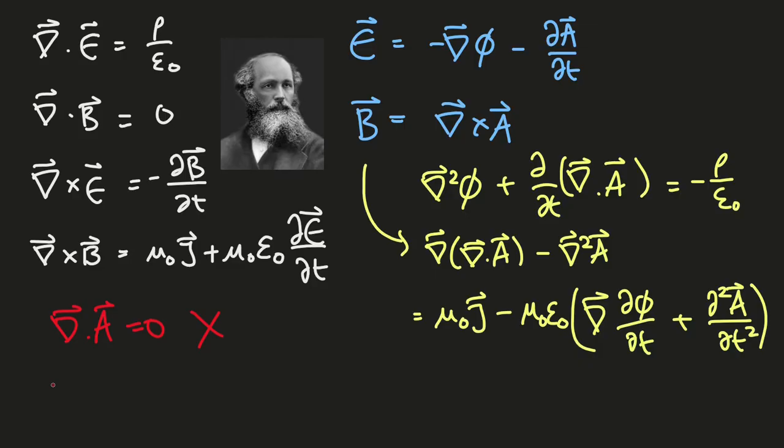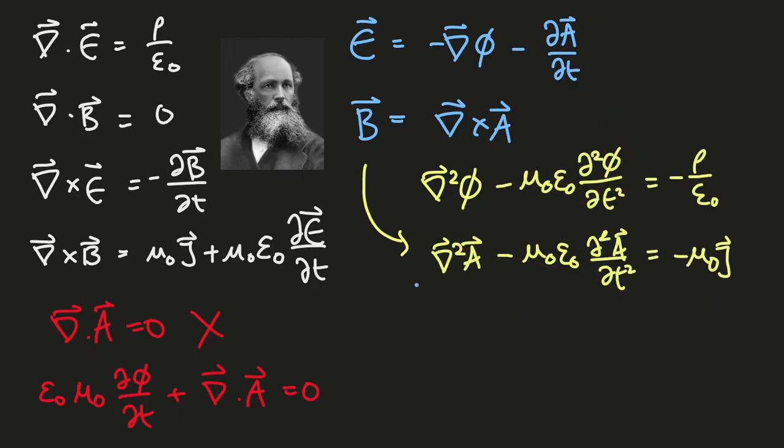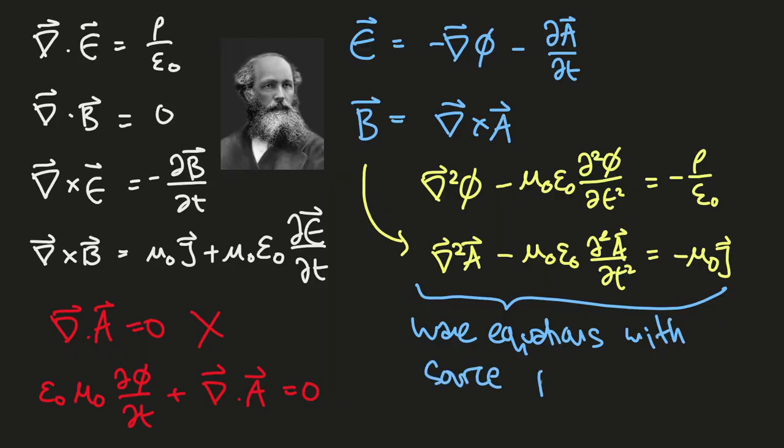Besides using only the divergence of A, we choose that this equation is true, adding the scalar potential phi. If this condition is true, then this equals this nabla dot A, and the first derivative of the scalar potential phi combine to 0. Then the potential equations become this. Such beautiful wave equations with source for potentials.